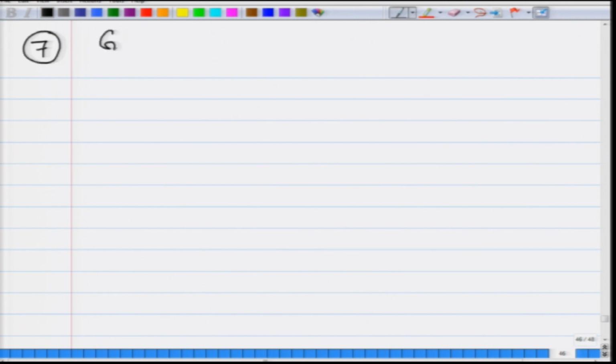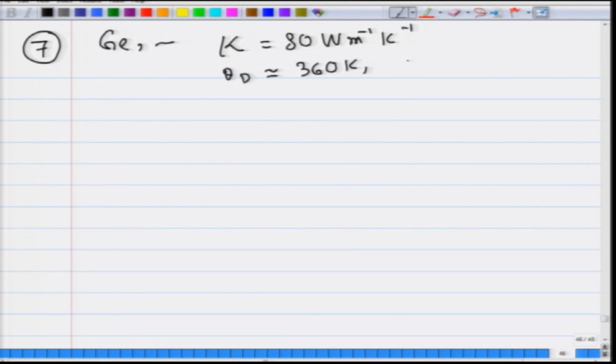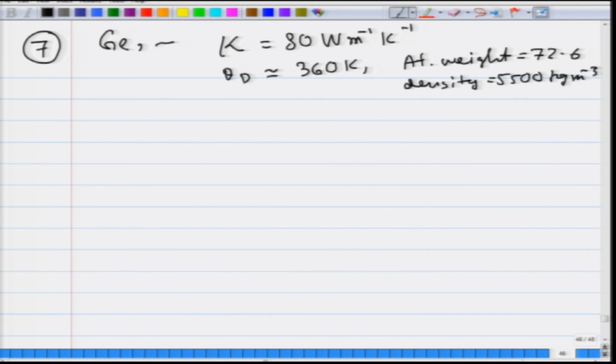We have germanium, where the thermal conductivity is given by this. The Debye temperature is 360 Kelvin, the atomic weight is given as 72.6 and the density is 5500 kg per meter cube.